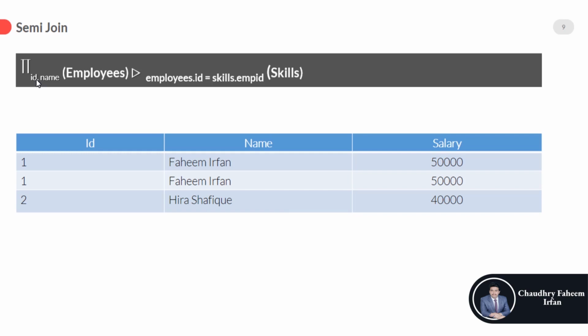So there is no column in the table which is from skills, but it is used with the relation with skills table. So projection id, name, and you can add the salary attribute, comma, salary from employees table, and here is the symbol for semi join, and the condition is employees.id is equal to skills.employee id from skills table.